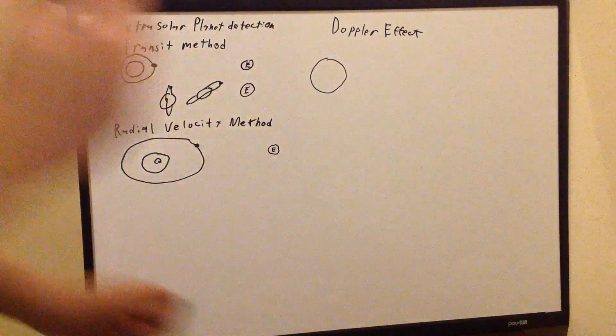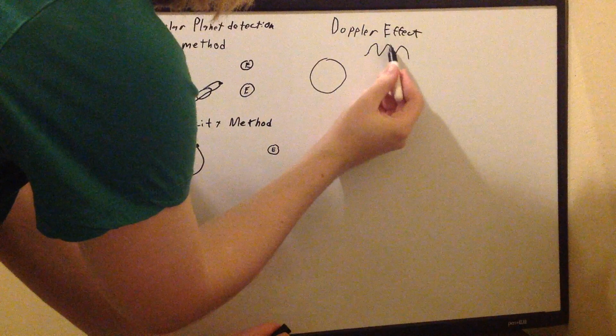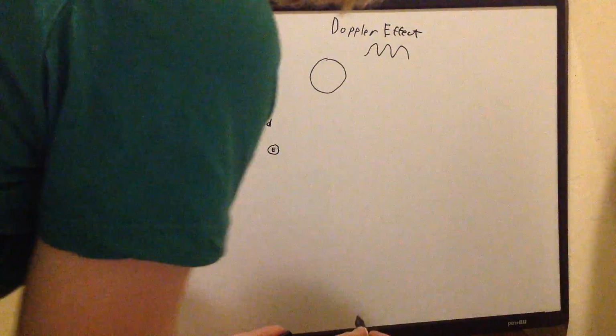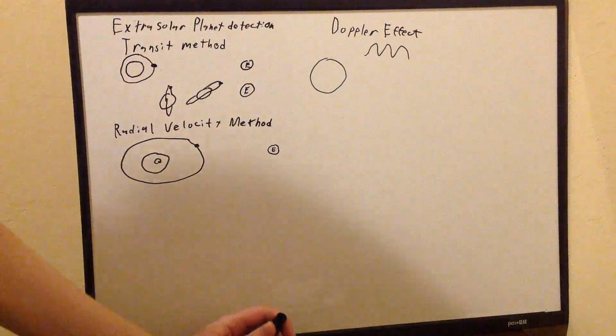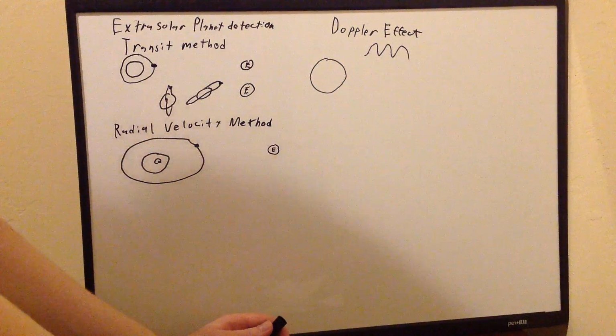Now, we're kind of used to drawing waves like this, something like that, where it's got peaks and crests, and peaks and crests, right? And you draw it all out. I'm going to, for this, draw waves in a slightly different way.